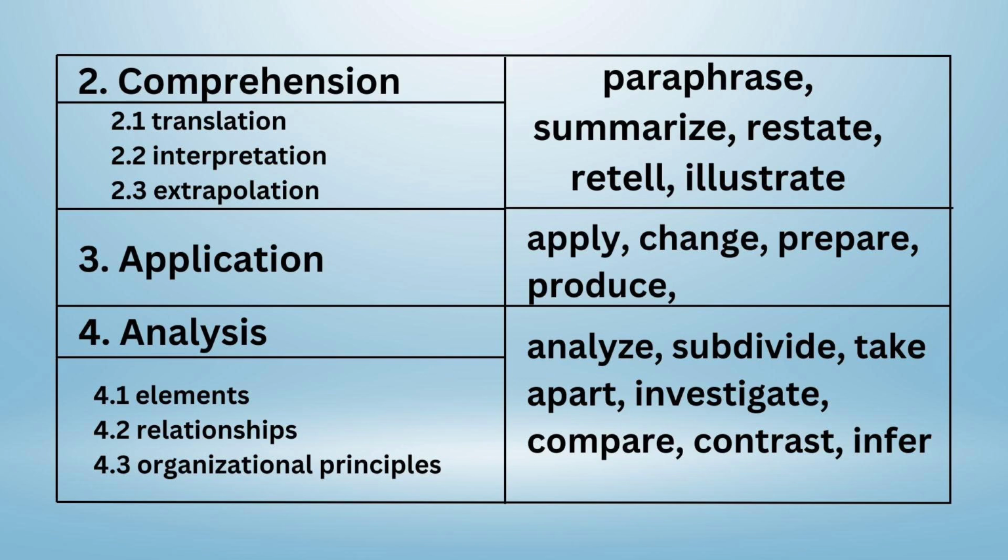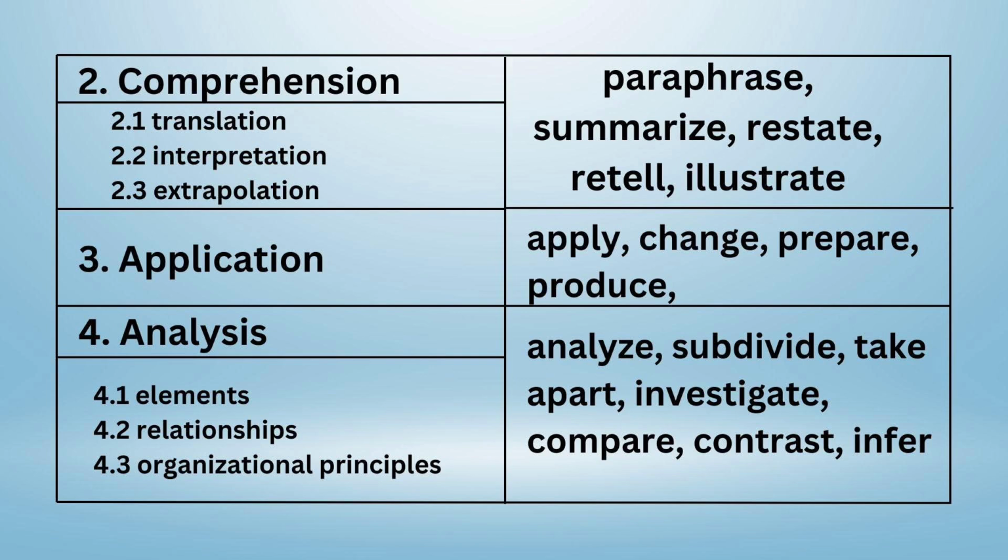In paraphrase, it turns into: a swift brown fox leaps over a lethargic canine. Second, interpretation. When we say interpretation, it is explaining the meaning of information. Third, extrapolation. It is predicting consequences or extending the information to new situations. The sample verbs of comprehension are paraphrase, summarize, restate, retell, and illustrate.